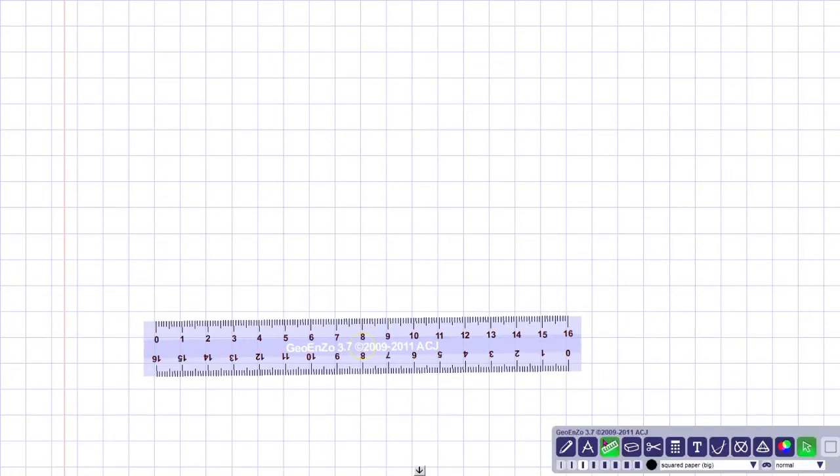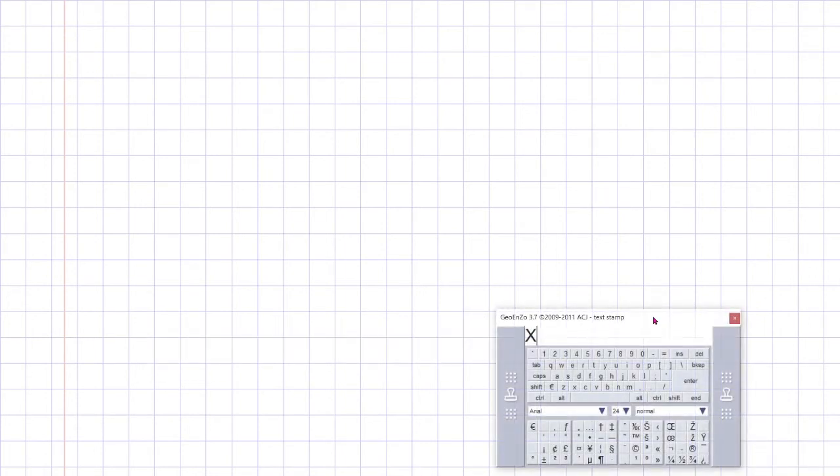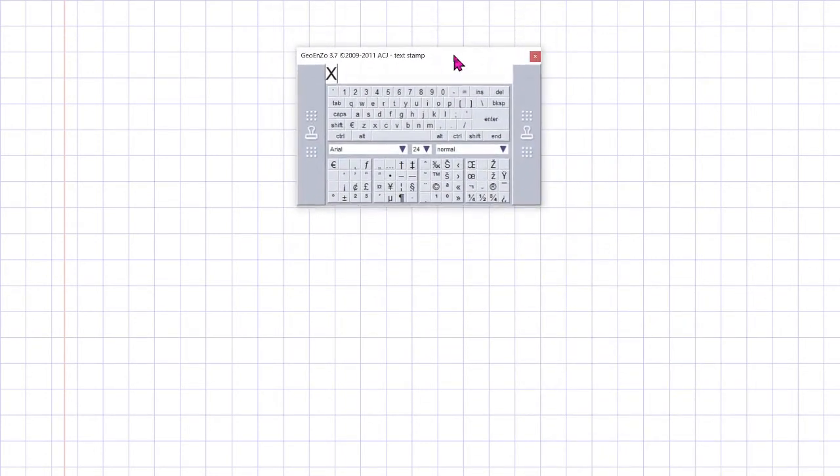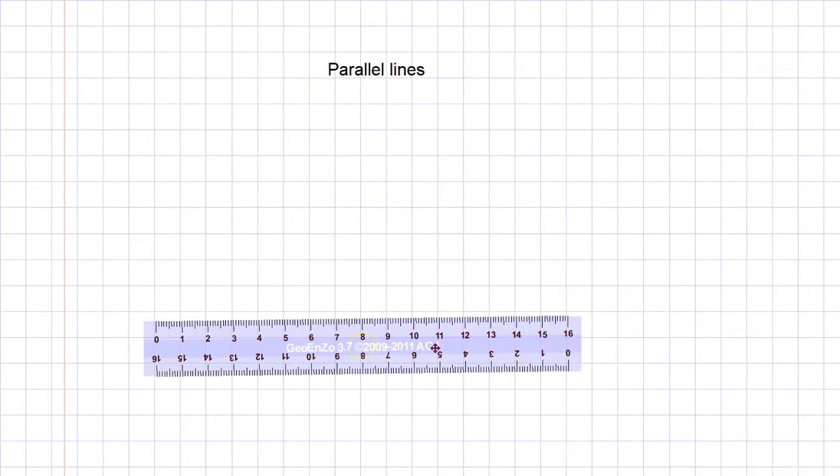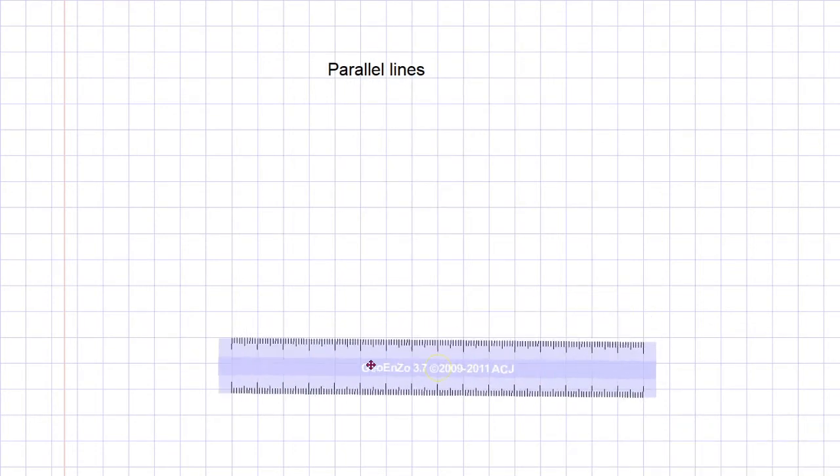Let's construct parallel lines using compass and ruler. Take the ruler.